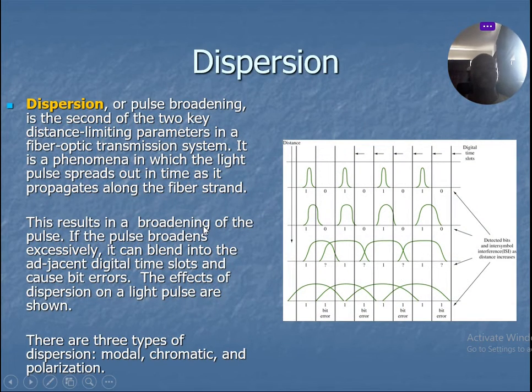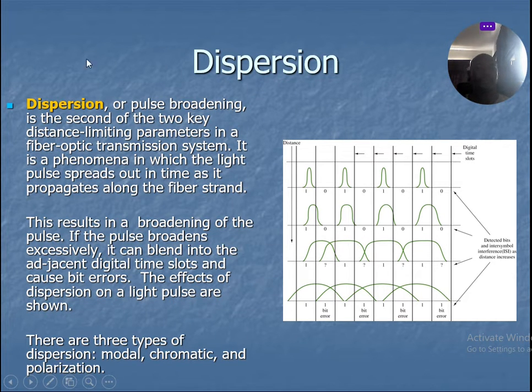Now dispersion, what is dispersion? Dispersion is simply pulse broadening. You're widening the pulse. The length of this pulse is getting wider. So that phenomenon is called dispersion. Pulse broadening is the second of the 2 key distance limiting parameters in a fiber optic transmission system. It is the second key factor that limits how far a signal can be transmitted in an optical fiber.